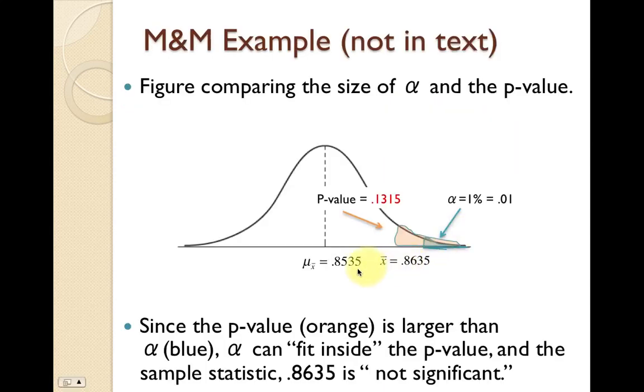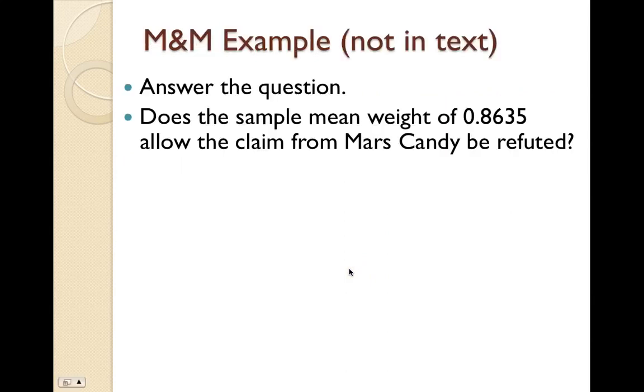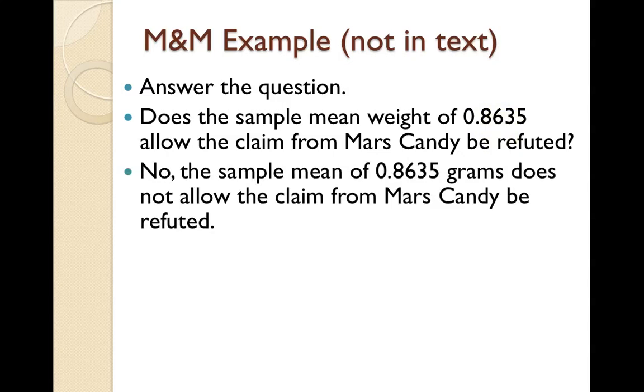Okay, 0.8535. In our null hypothesis, we stated that the population mean was 0.8535. Our sample mean, 0.8635, is larger than the population mean, but is it large enough for us to refute the population mean, 0.8535? And it's not. The sample mean, 0.8635, does not allow the claim from Mars Candy to be refuted.